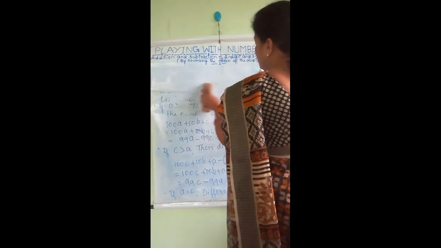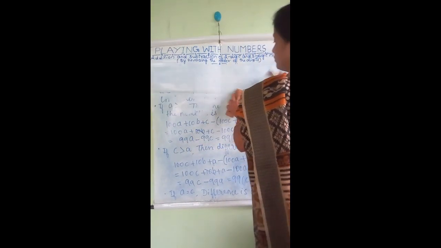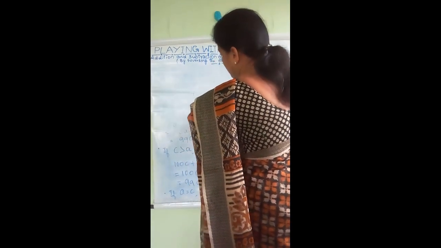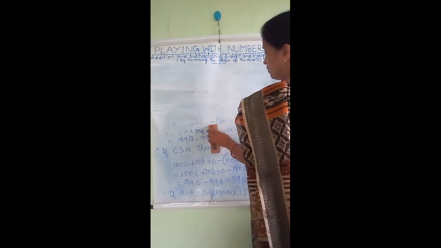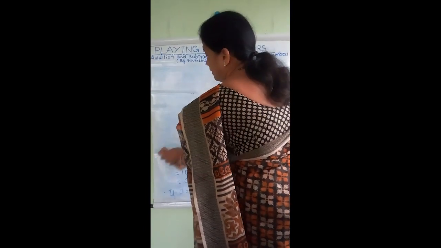And related to subtraction of 2-digit and addition of 2-digit and 3-digit numbers, there may be some doubt for some children. So I have sent solved examples in your group. Yesterday I sent that.